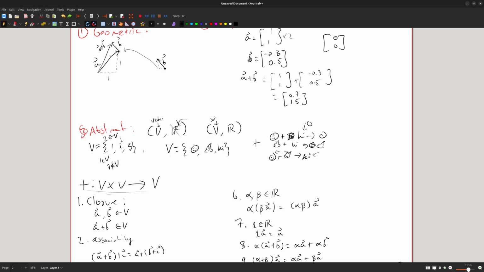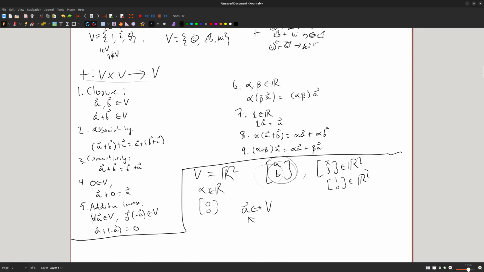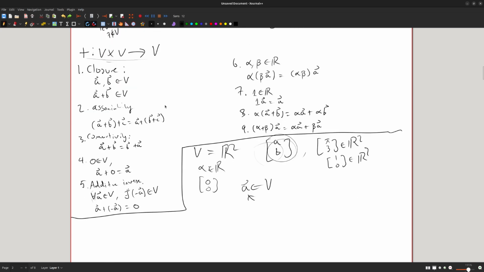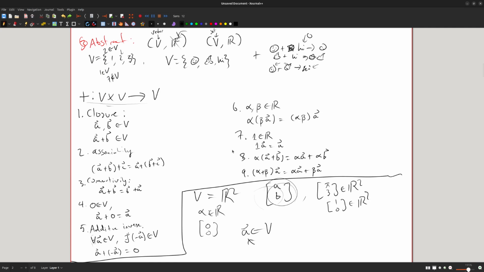So some examples of that is tangent spaces on manifolds in GR, or you have Hilbert spaces in quantum mechanics, or really one of the most important examples is function spaces. And you can also have, say, solutions of differential equations solve abstract vector spaces. And all of these different things, you can apply theorems from this abstract definition onto those specific things. And it makes everything a lot more intuitive when you have this abstract definition.